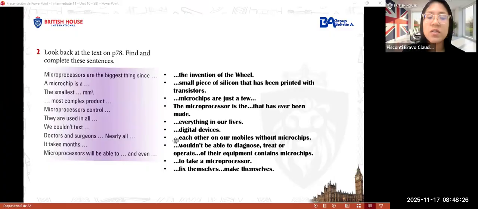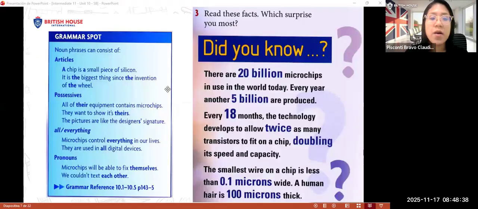Now, every gadget we usually use has them in it. This was just a technological reading. Now, let's remember what we were talking about in the first part of the class: articles. When we talk about an indefinite article, we usually use a or an because we're not talking about anything in special. It's just one random thing. A chip is a small piece of silicon.